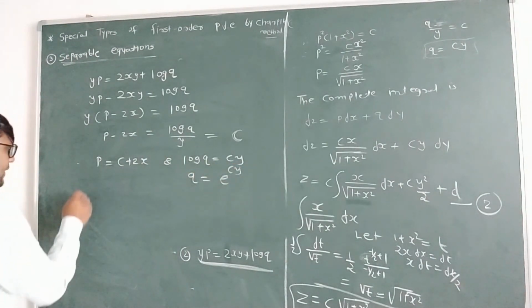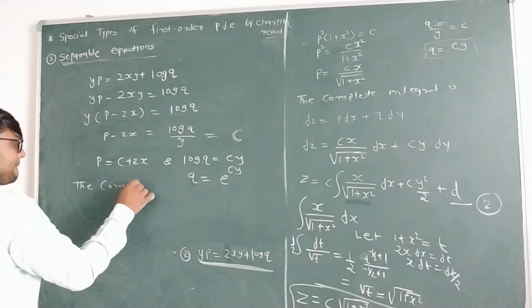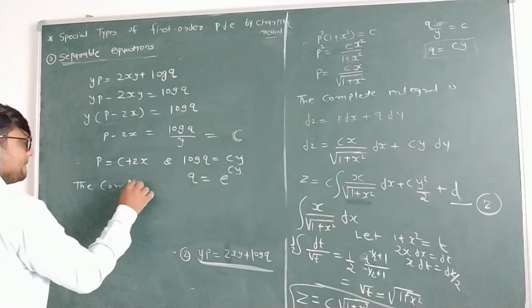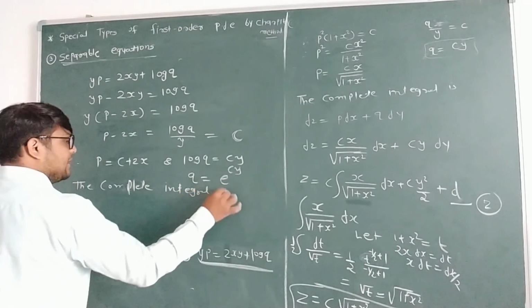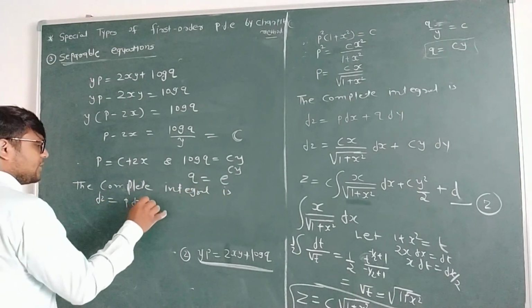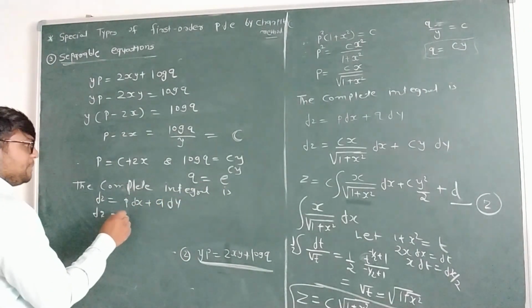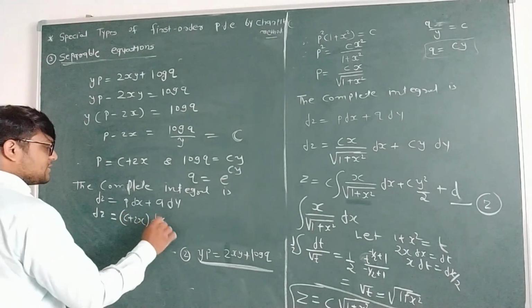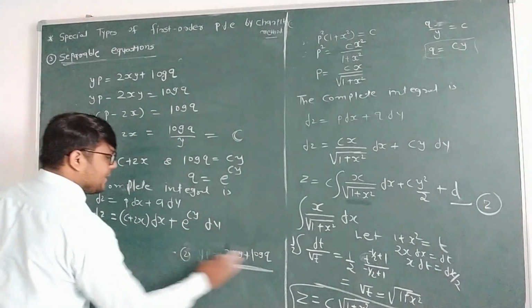So the complete integral is dz equal to p dx plus q dy. So dz as it is, p is nothing but c plus 2x dx plus q is e to the power cy dy.